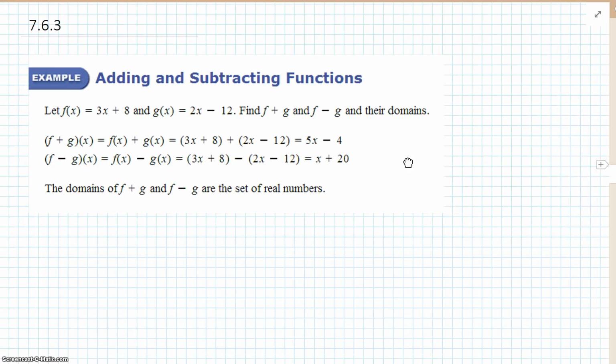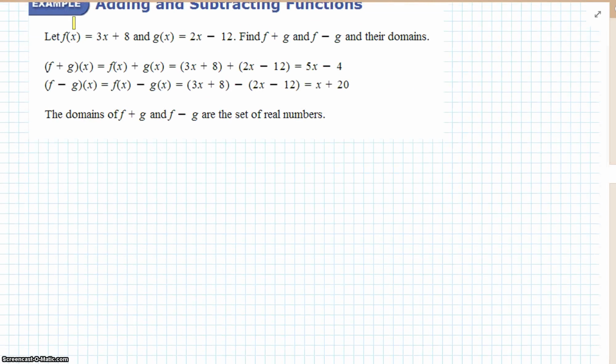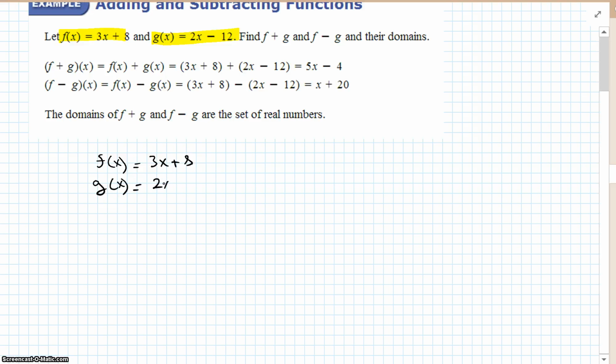Okay? So add and subtract. The very first one. Let f of x be 3x plus 8 and g of x be 2x minus 12. So let's draw that up. The f of x is 3x plus 8, and the g of x is 2x minus 12. If I wanted to add them, f of x plus g of x, I would just sum like terms.